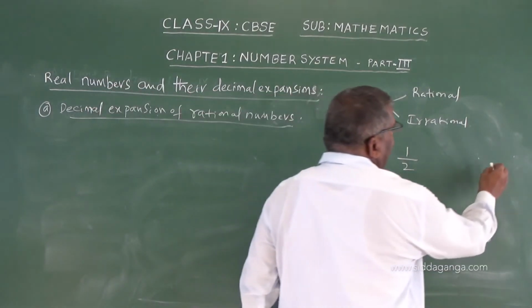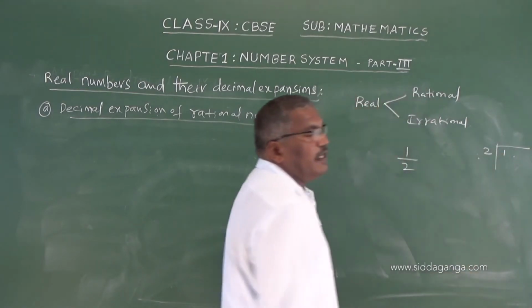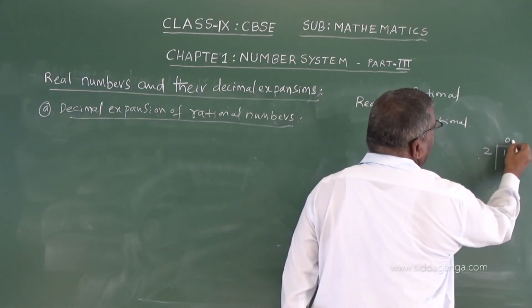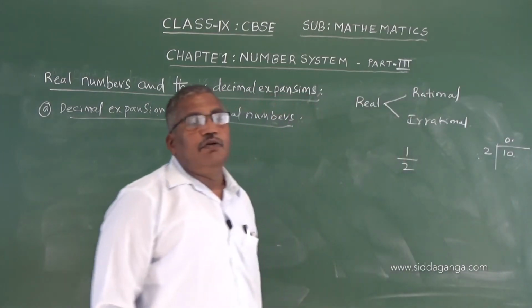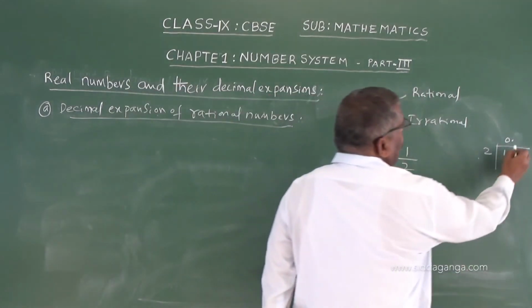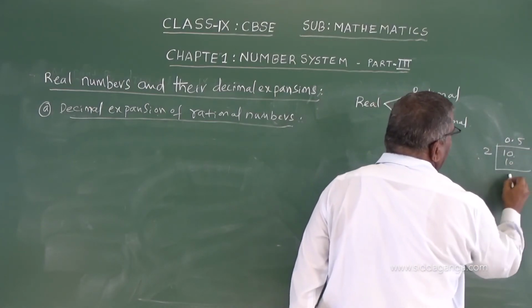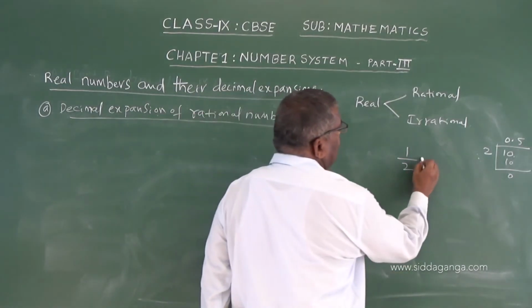Now, if I divide 1 by 2, this is not divisible, so I will put 0 here, and after putting a decimal, we will take 0. 5 twos are 10, so we will get 0 remainder. This is a simple division.